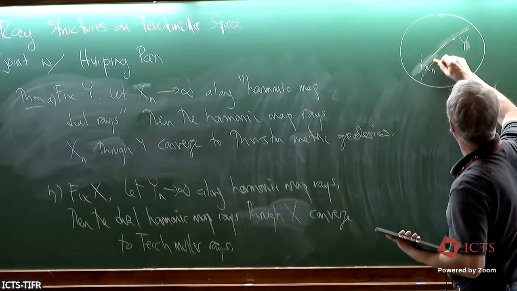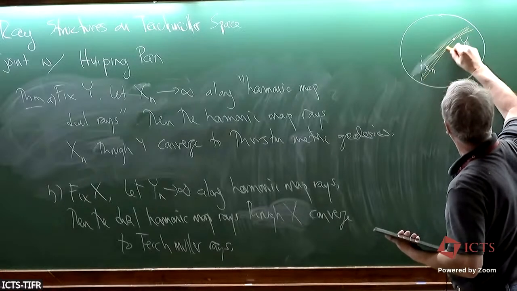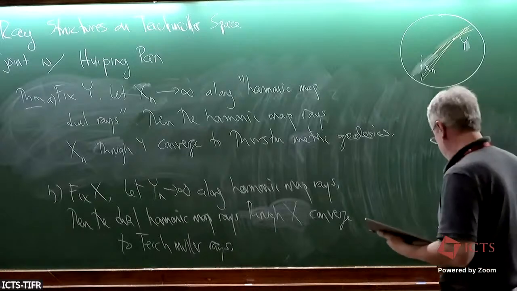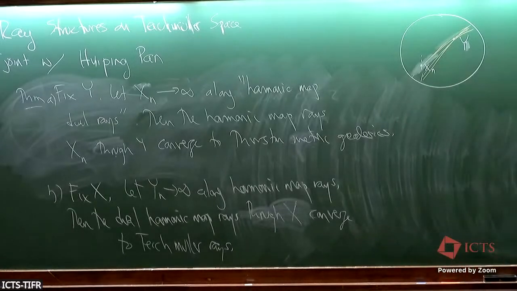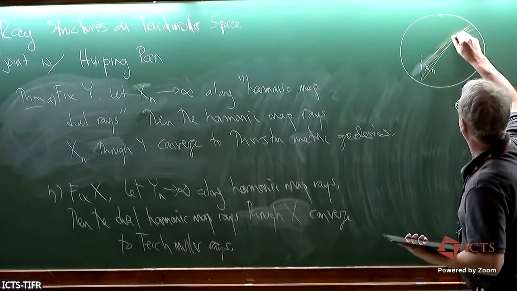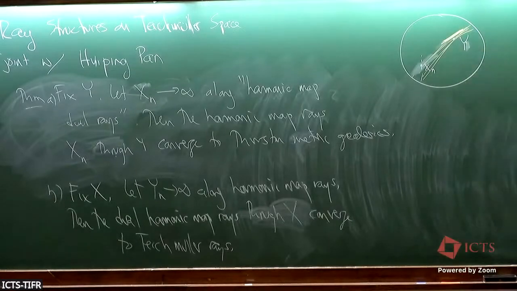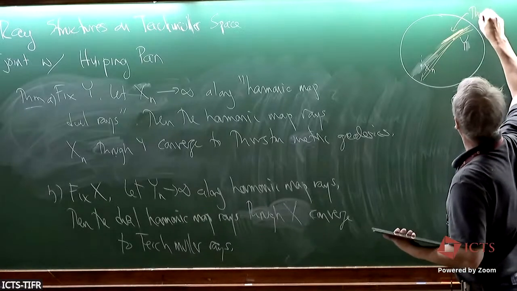That one goes through y, that goes through y, that goes through y. And my statement is that if you take a limit of that family, what you get is some arc through y, and that this arc is a Thurston geodesic.